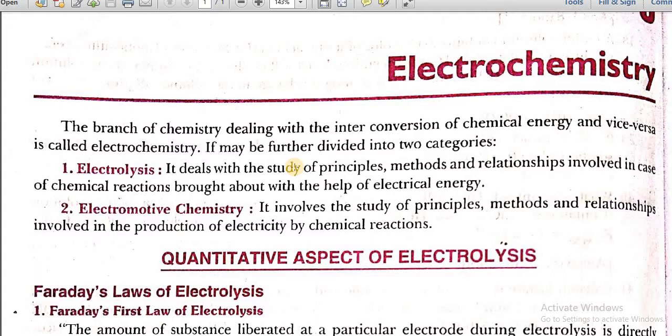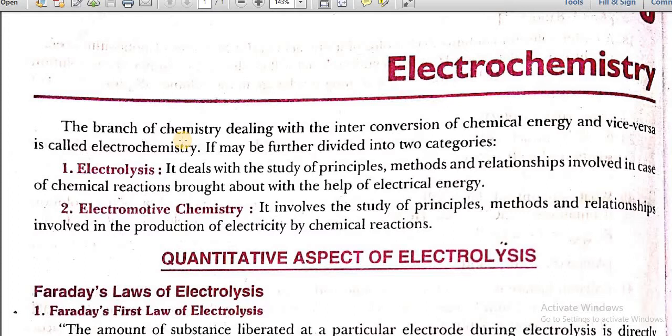Now, electrochemistry is the branch of chemistry which deals with the interconversion of chemical energy and electrical energy. That means the conversion of chemical energy to electrical energy and electrical energy to chemical energy is called electrochemistry.